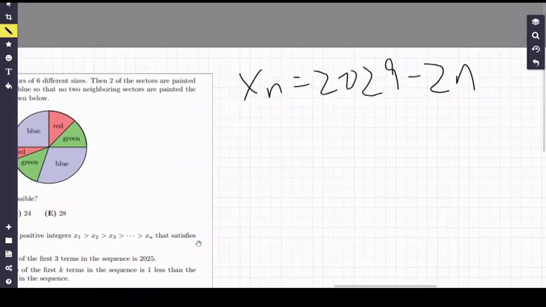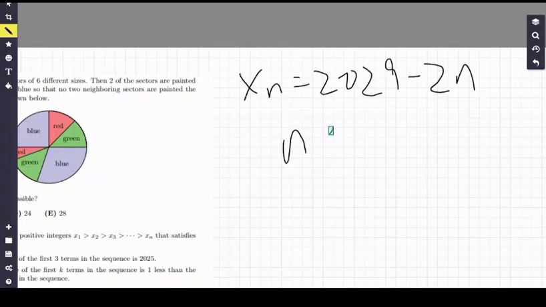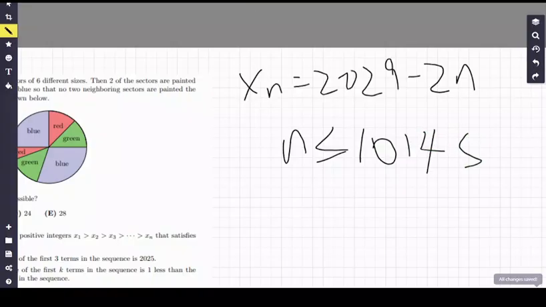So 2029 minus 2n greater than 0 gives n is smaller than or equal to, no, this is a strict one. Actually, no, it's non-strict. 1014, and it should be 0.5, but because it has to be an integer, there we go.